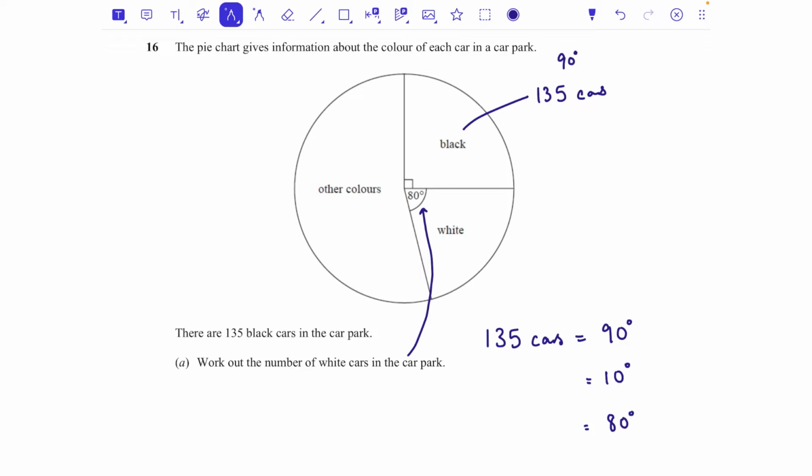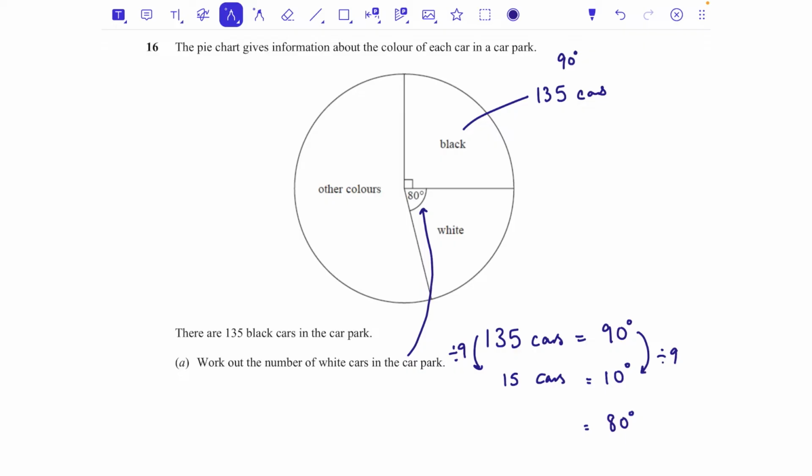There's lots of different ways you could do this, okay? You could find out how many degrees one car is, but I think it's easier here to just say, right, 10 degrees is worth, I'm going to divide that by 9. So if I divide 135 by 9, I get 15 cars. So I know now that every 10 degrees is worth 15 cars.